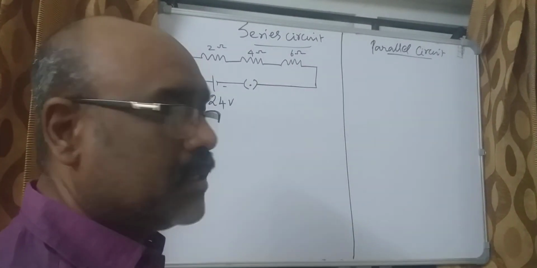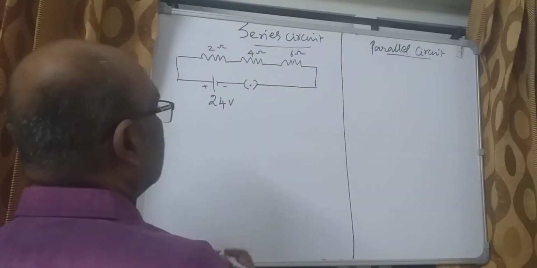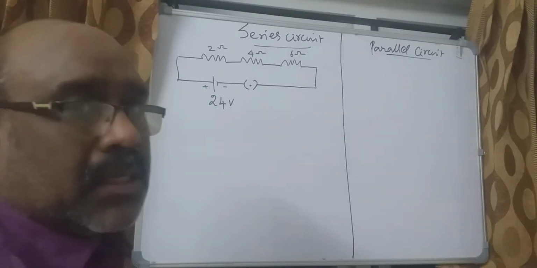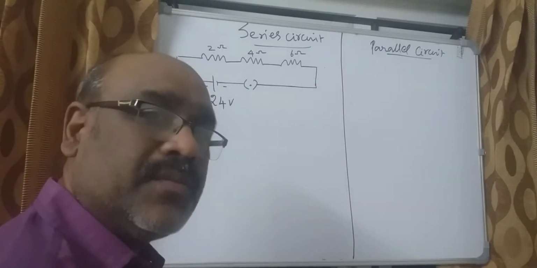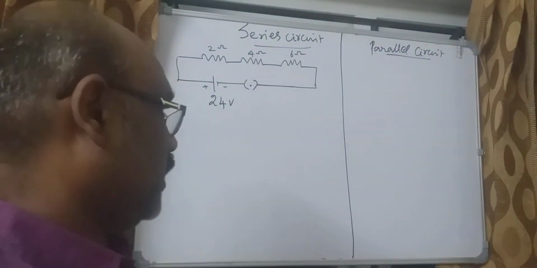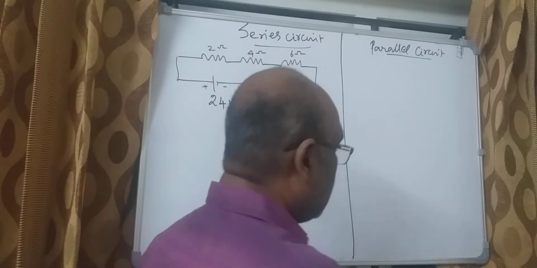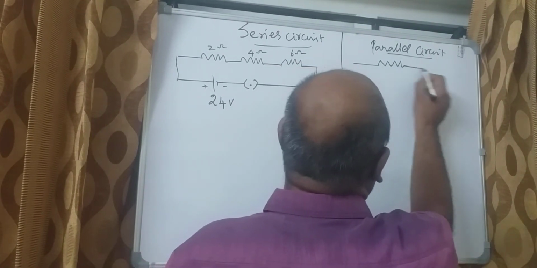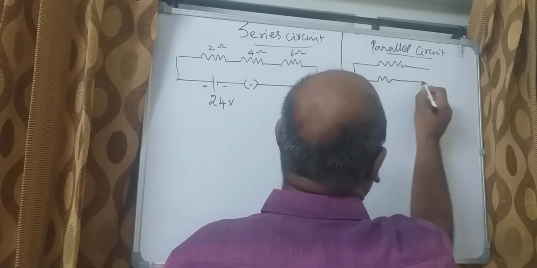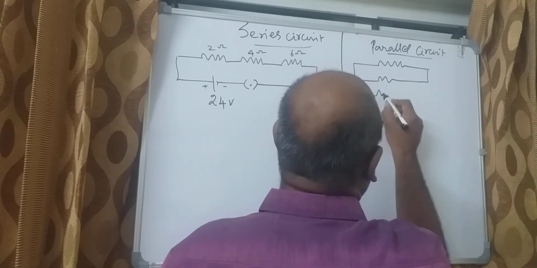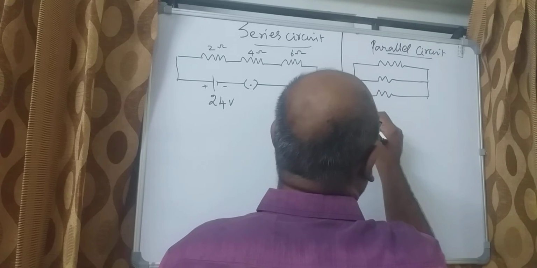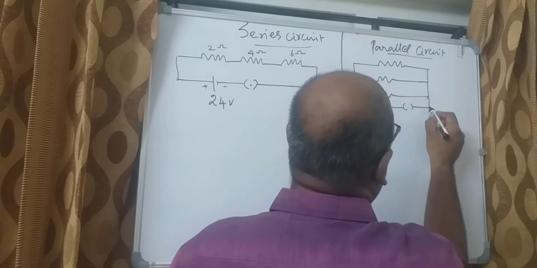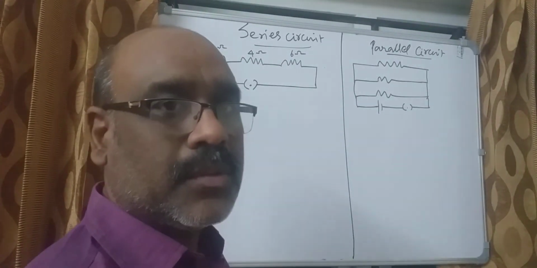Let us keep like this, so that let us find the effective resistance of this circuit, thereby how much current is flowing in the circuit we are going to see. The same way I am going to connect a parallel circuit to a battery source, and I am closing the circuit.